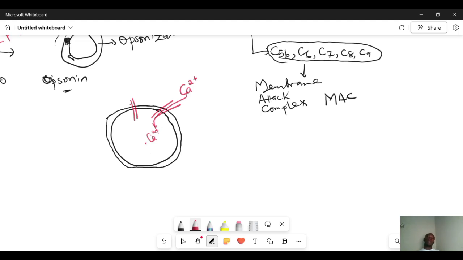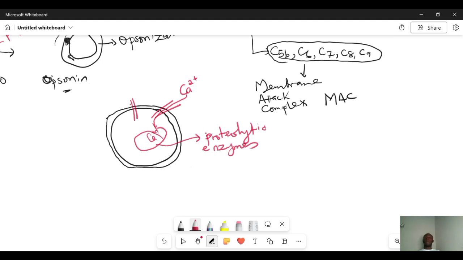Now, why is it important for calcium to go into the cell? That's because calcium goes in and activates a lot of proteolytic enzymes, right?